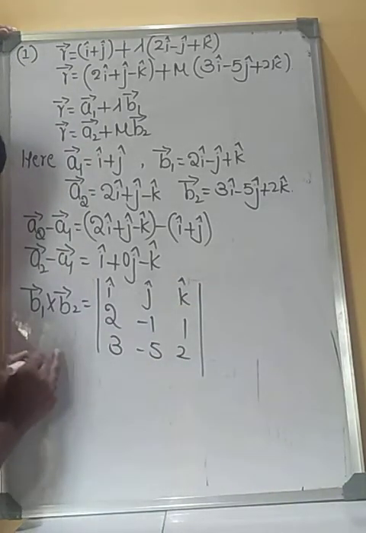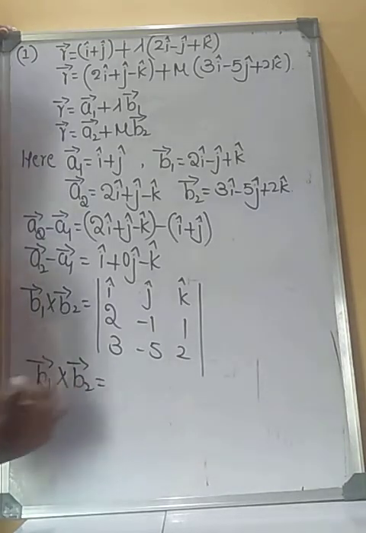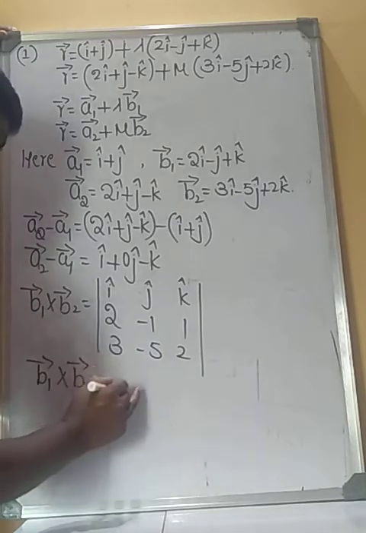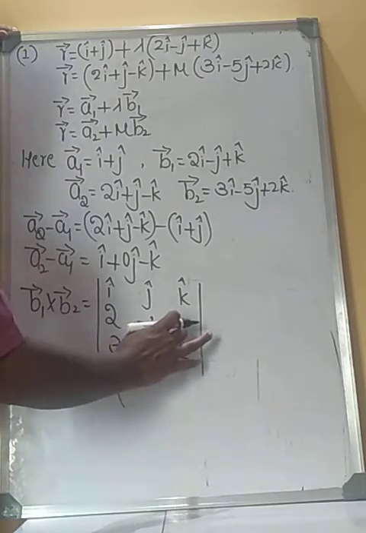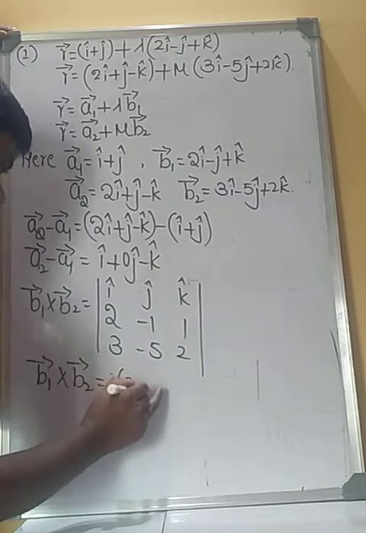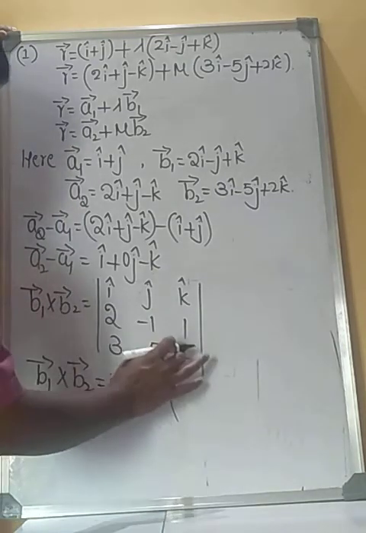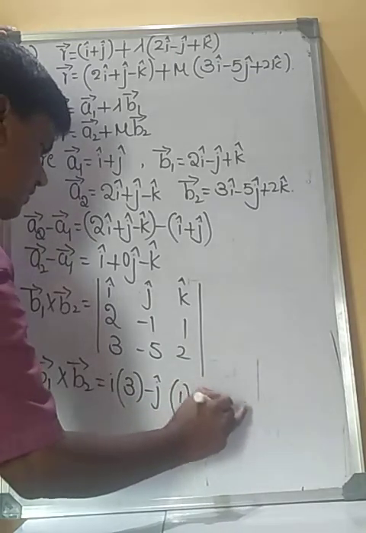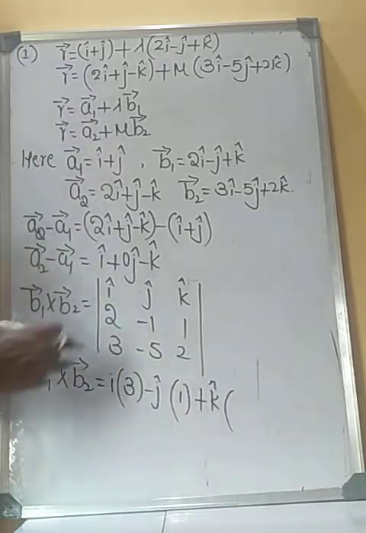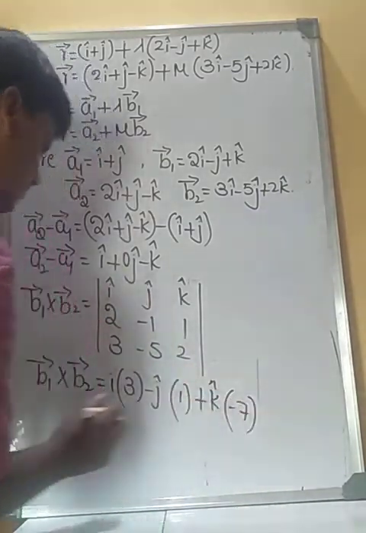Therefore B1 vector cross B2 vector is equal to i into minus 2 plus 5 comes 3, minus j, 2 2s are 4 minus 3, 1, plus k, minus 10 plus 3, minus 7.